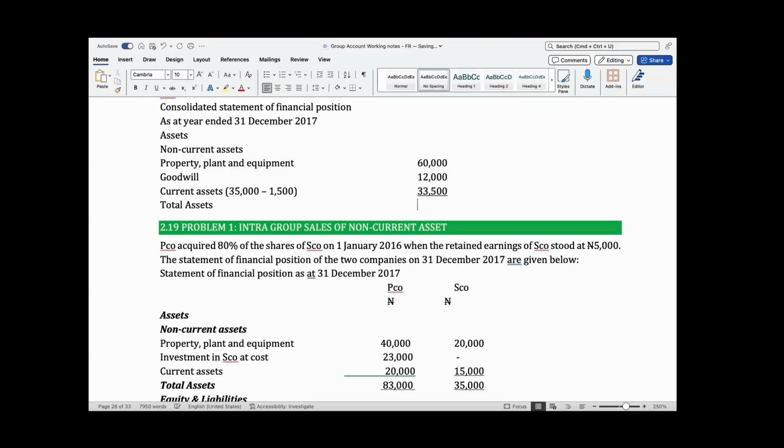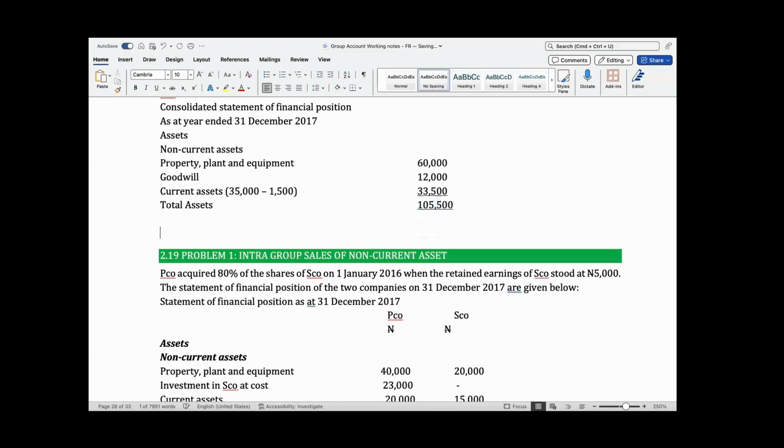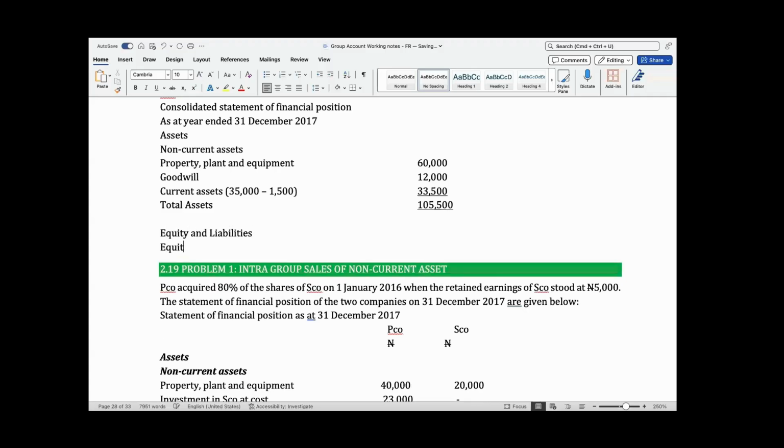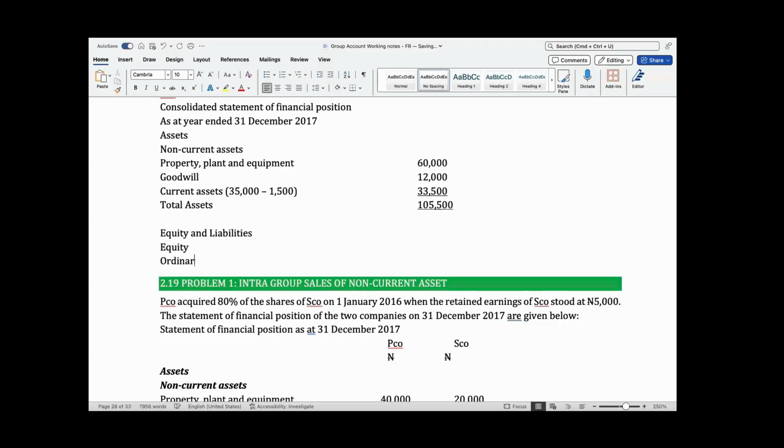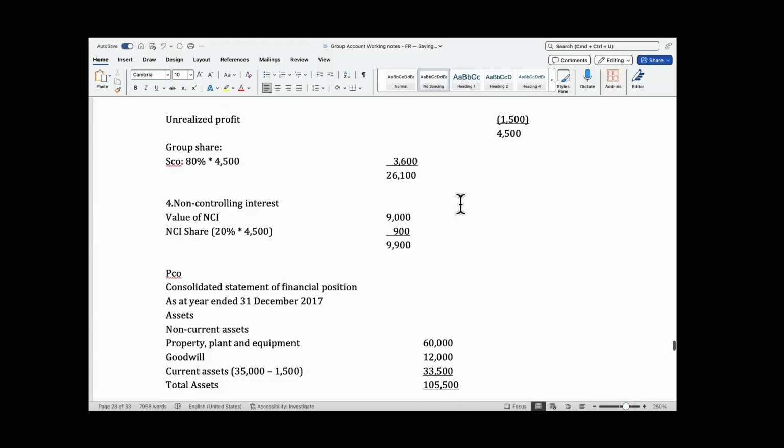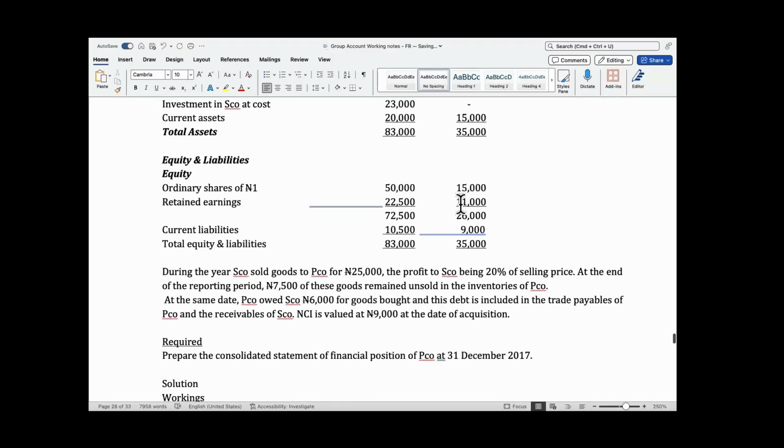What's my total assets? How much? 105,500. Okay. Equity and liabilities. So what's my ordinary share capital?